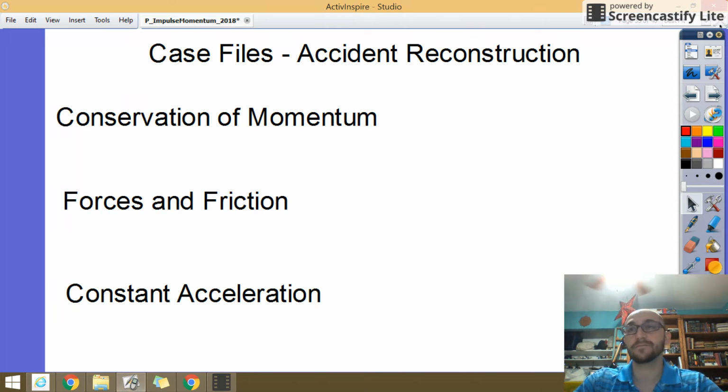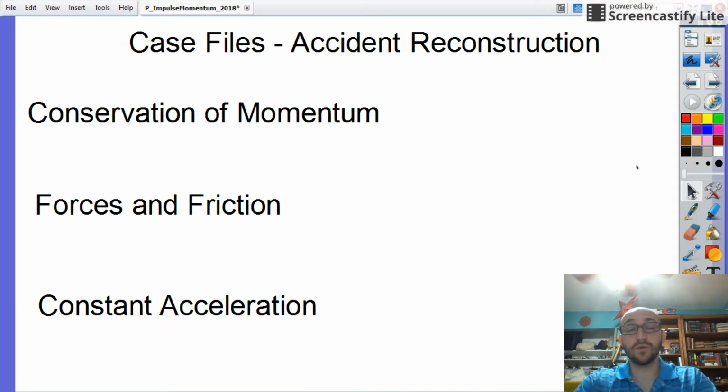So the big idea with the accident reconstructions for the case files: if you are in a car crash and someone is seriously hurt or injured, the Napa Police Department or California Highway Patrol might be asked to come out and do an accident reconstruction. They take all the measurements they can of where the cars were when they started braking, where they collided, and all that sort of stuff.